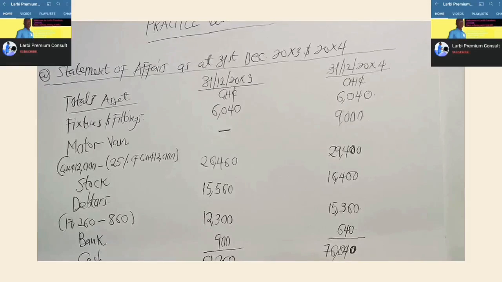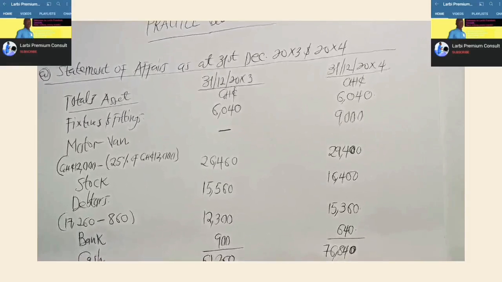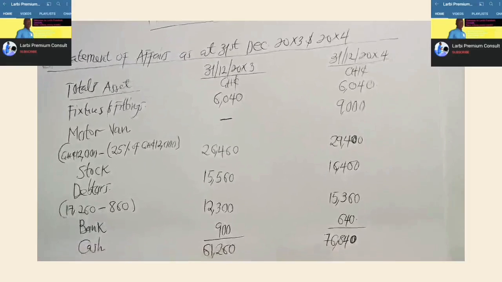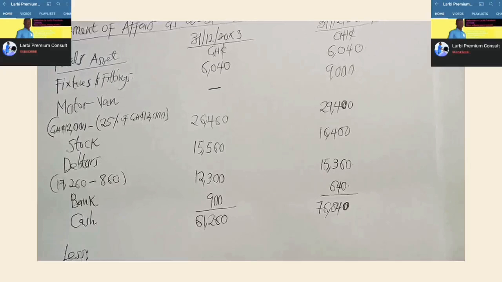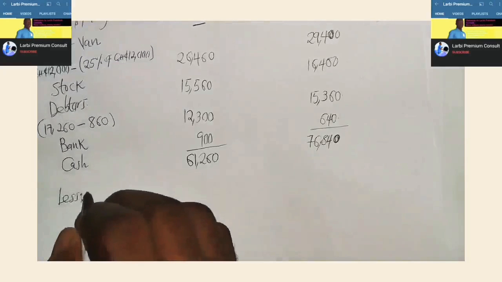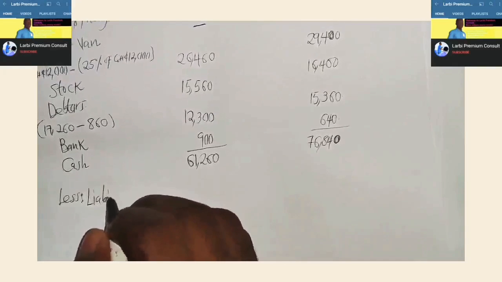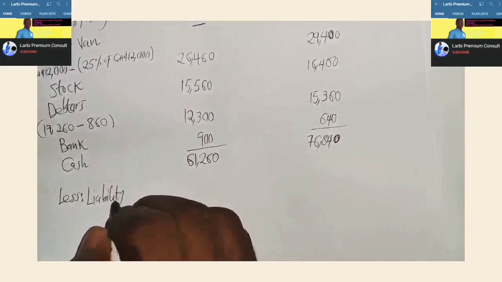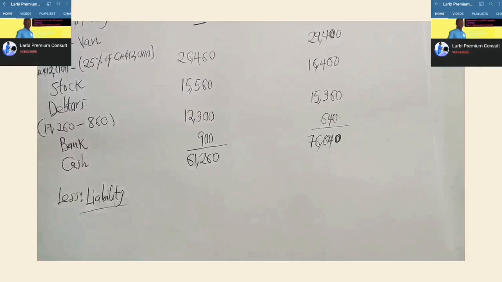All right. Then after here, you less your liabilities. Let's move a bit so that you can see what is happening. So we less your liabilities in that case. So let's see the liabilities. What was the liabilities? Were you having a long-term liability?